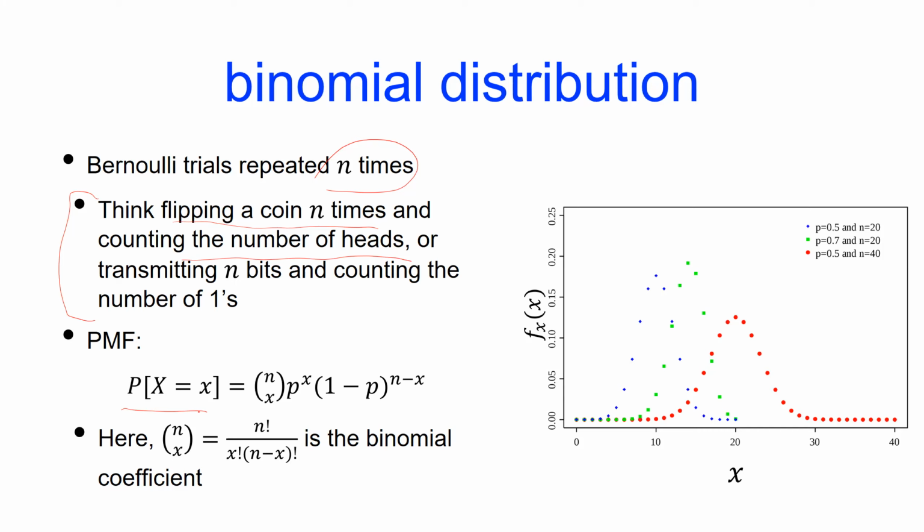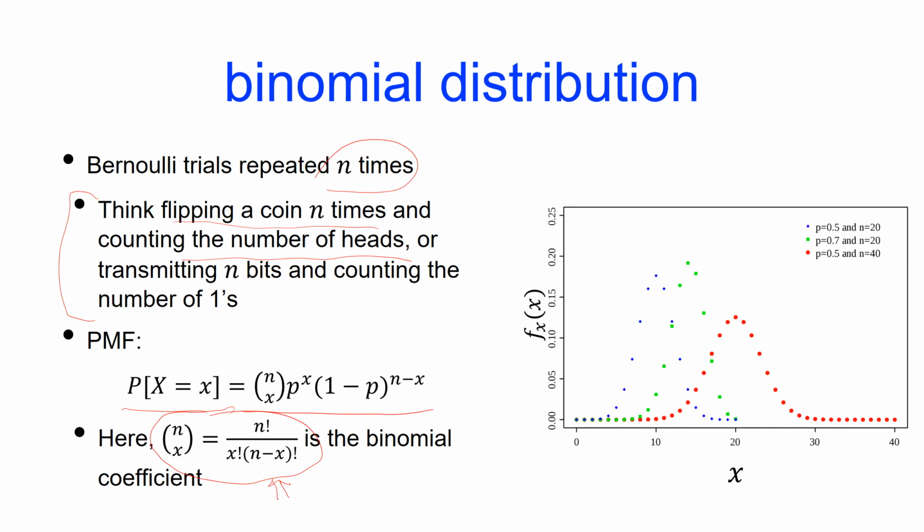Now let's see why we have this formula. Do you recognize the n choose x? Have you learned this before? For people who haven't seen this before, what does this mean?